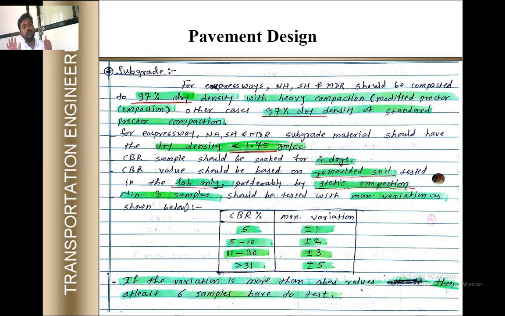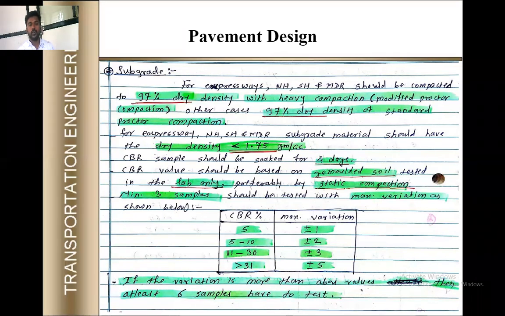Initially we tested 3 samples, but if the variation of the CBR value goes beyond the values given in this table, we need to take 6 samples for the test. So this is the CBR method for calculating the thickness of flexible pavement.